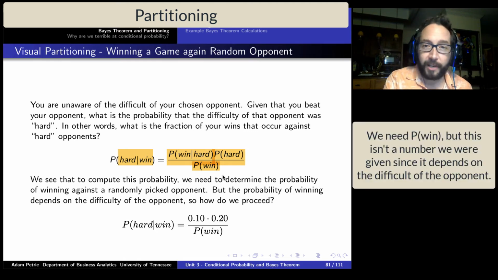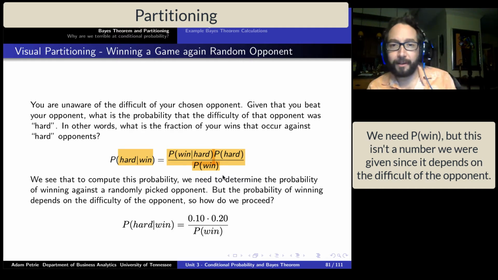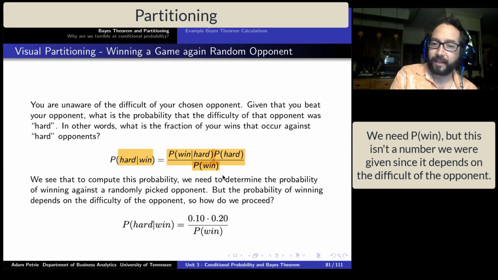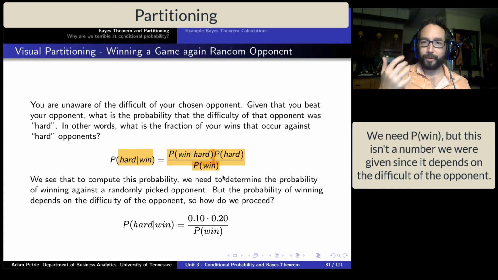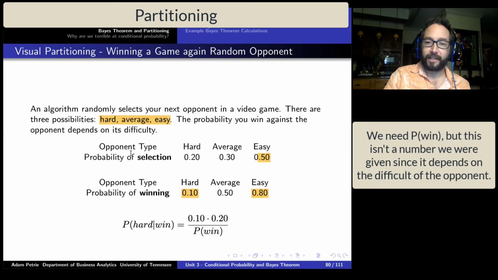But that wasn't given to me. And the probability of me winning depends on the opponent type, which is randomly selected. And so we're a little bit stuck here. The probability of winning, the unconditional probability of winning, just the long run fraction of games that we win, isn't immediately apparent by the information that's been presented to us.